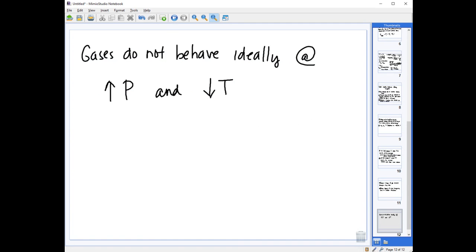In other words, if we have a really high pressure or a really low temperature, we can't use the ideal gas law, because our gases at that point are not behaving as ideal gases.